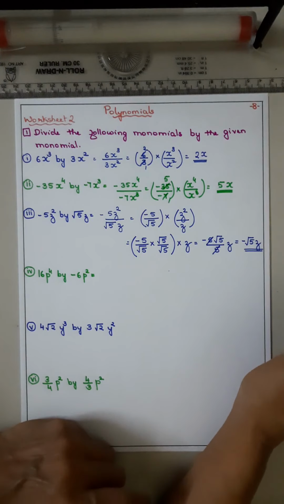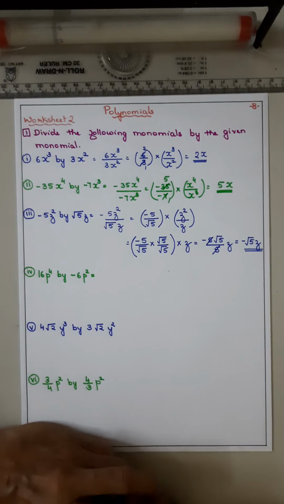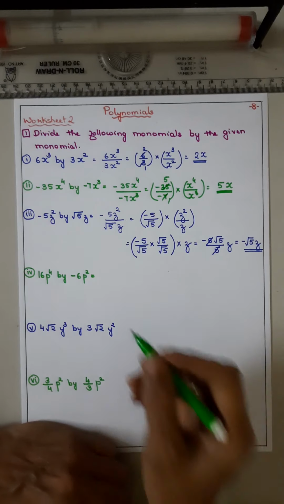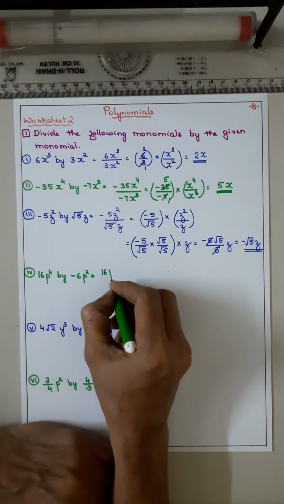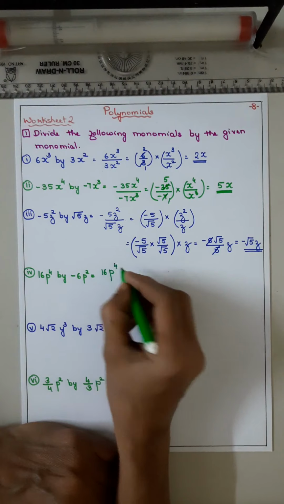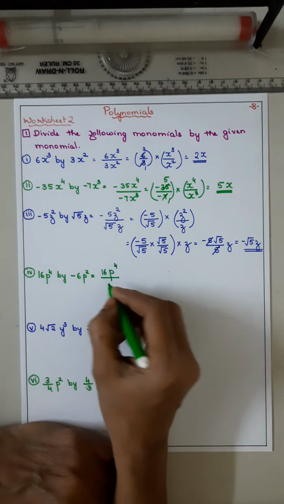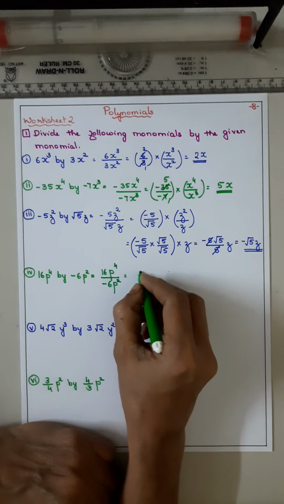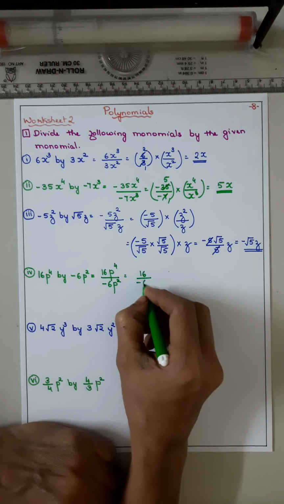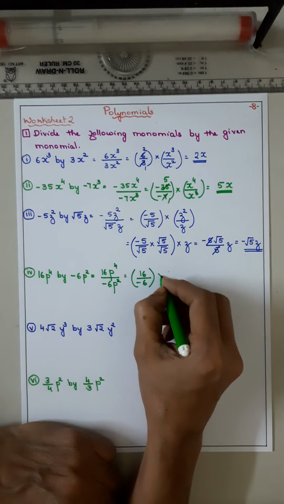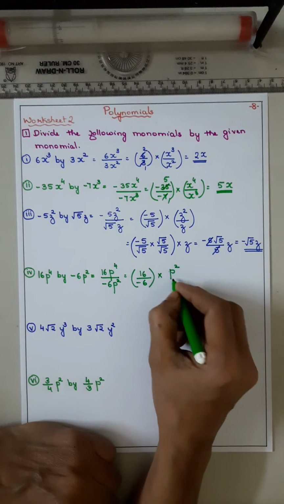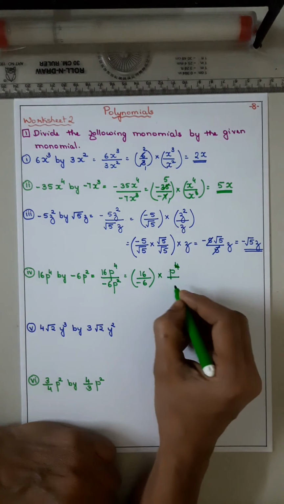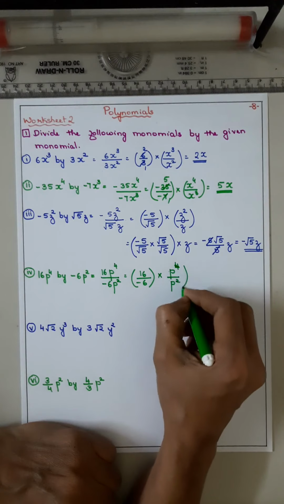Okay. Now coming to the fourth sum, it is 16p to the power 4 upon minus 6p squared, that is 16 upon minus 6 into p to the power 4 upon p squared.